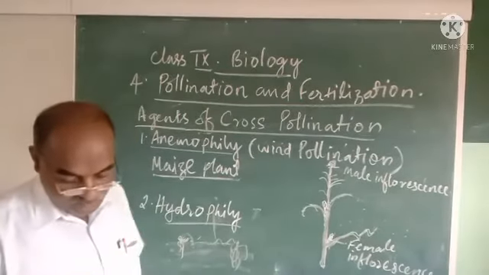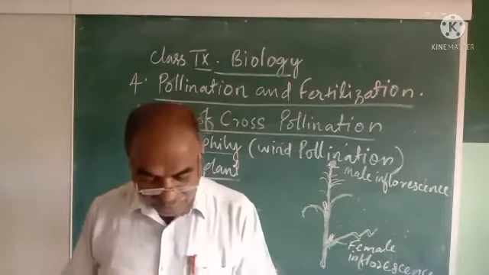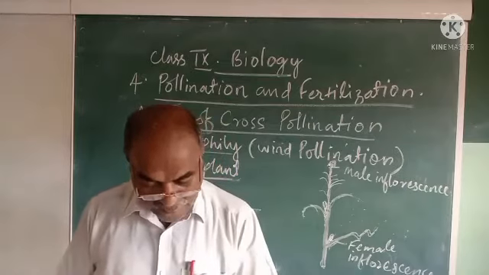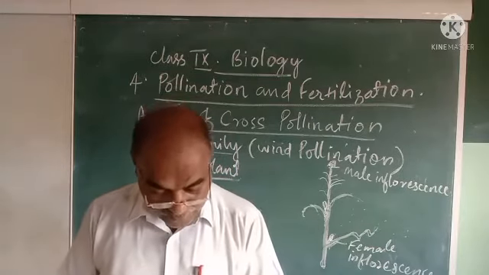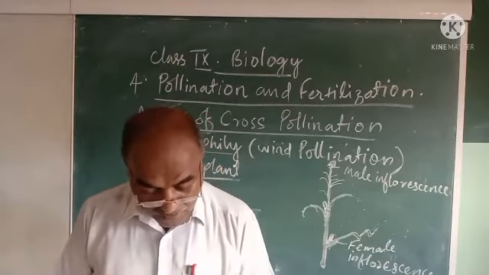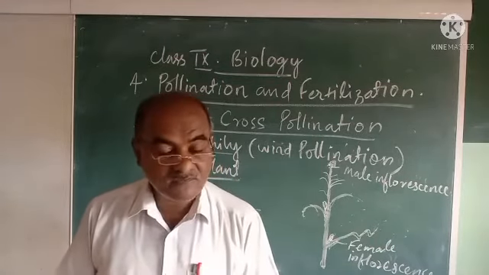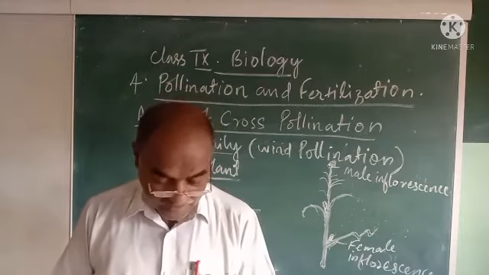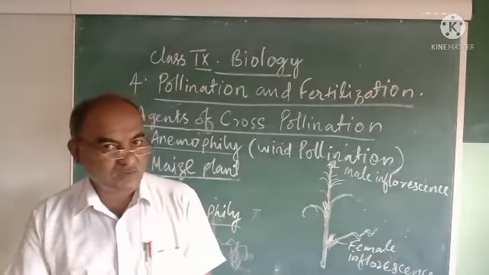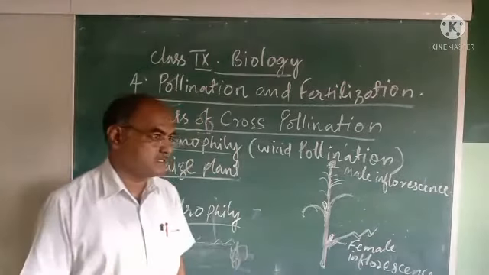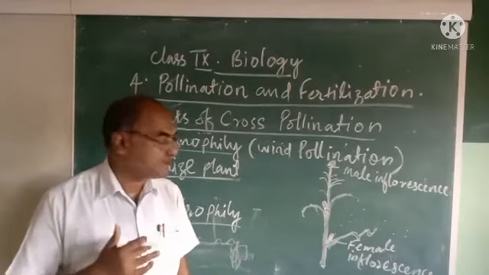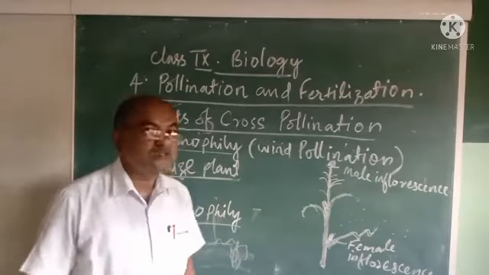Out of zoophily, we have discussed various classifications. That is entomophily through insects, ornithophily through birds, then chiropterophily through bats, malacophily through snails, and another one, man, artificial pollination. So that is the five processes through different agents which take place in zoophily.